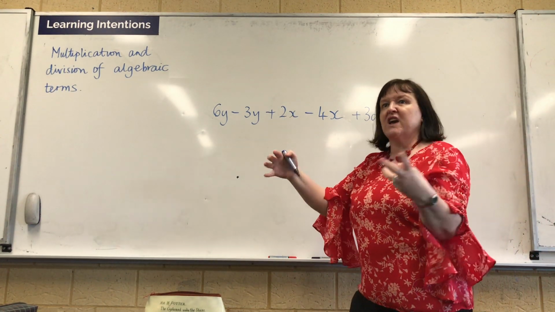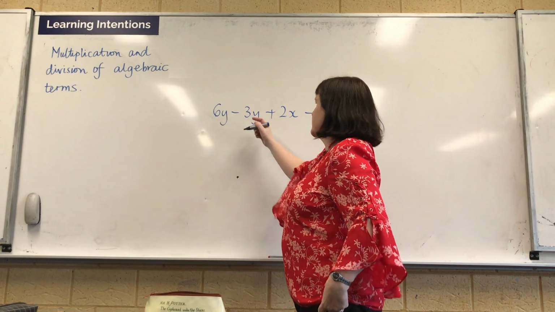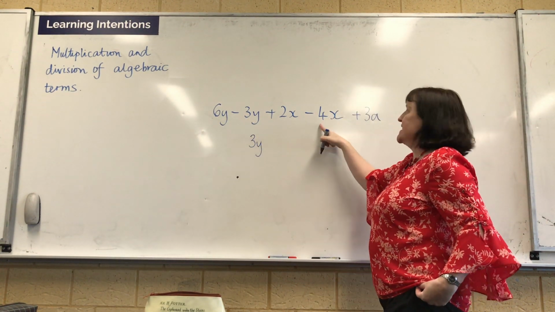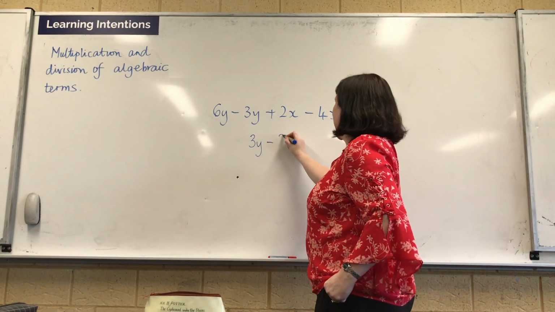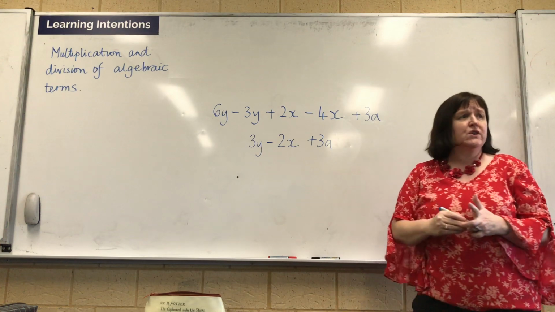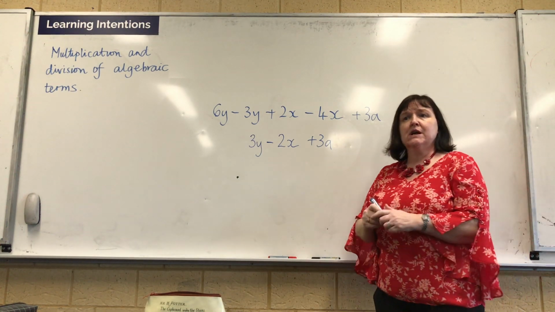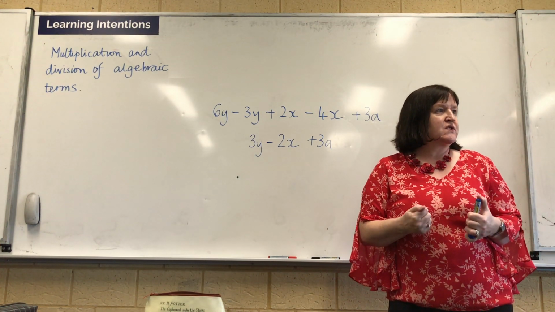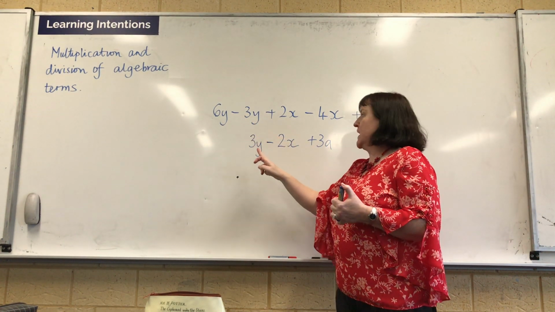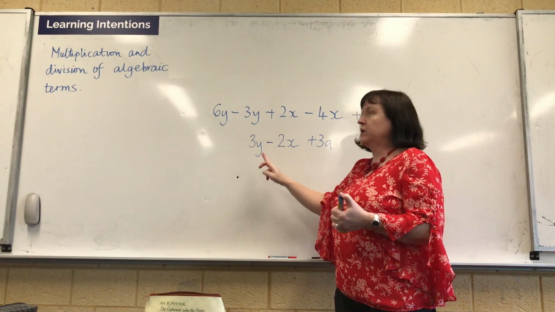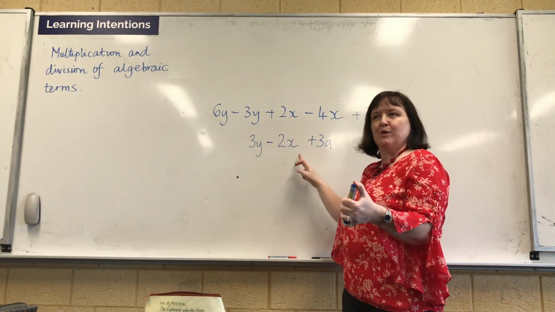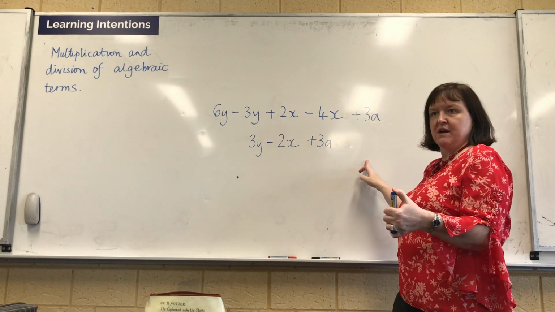So to simplify, as we've been doing, 6y take 3y is 3y. Positive 2x take 4x is negative 2x plus 3a. So you can see we've simplified the expression, but the pronumerals are the same. You had a y term in the original one, and you've got a y term in the new one. You had an x term in the original one, and an x term in the new one, and an a term and an a term.